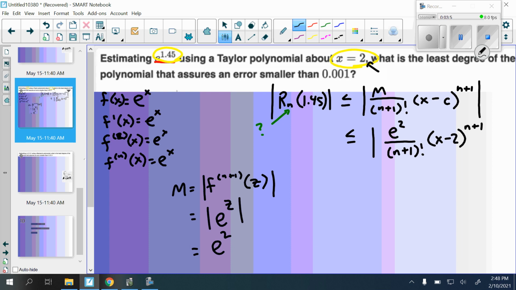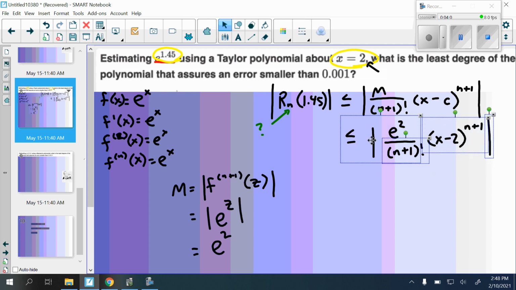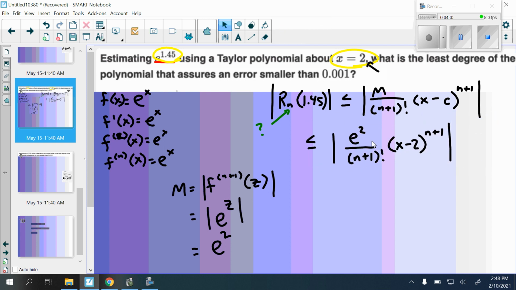But we do know that we want all this error to come out to be less than this value here of 0.001.